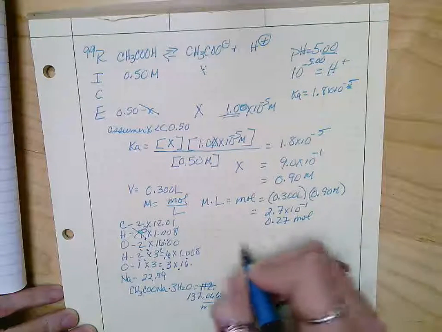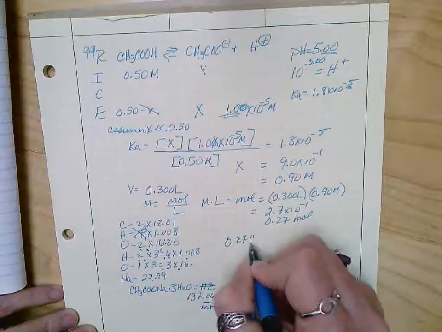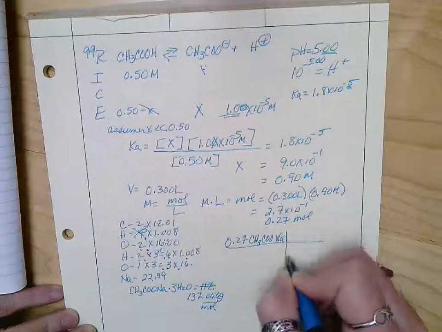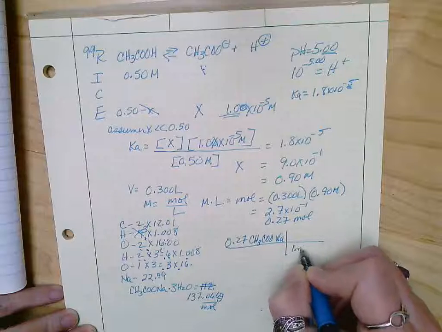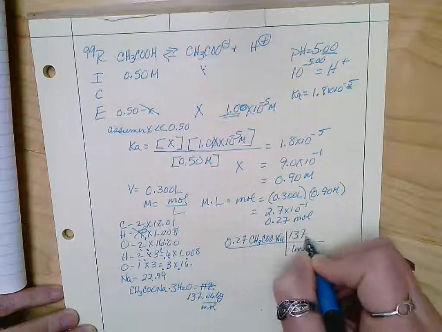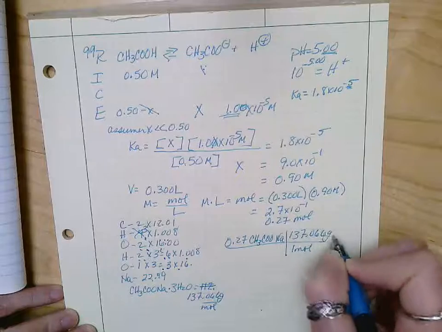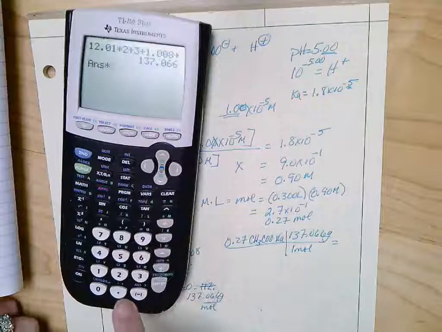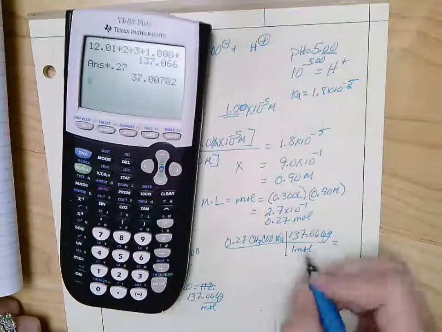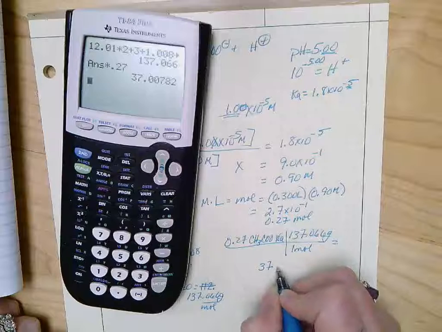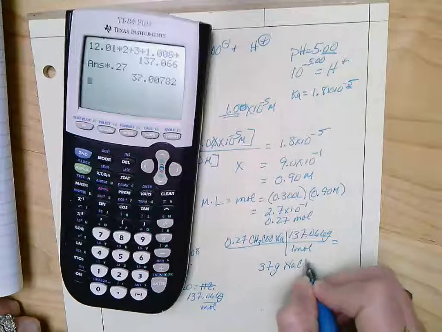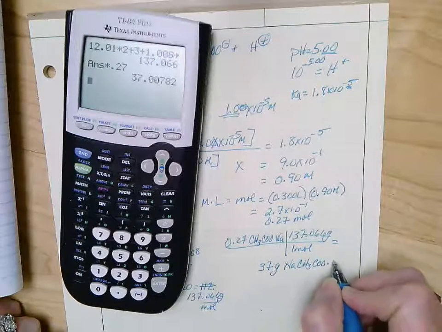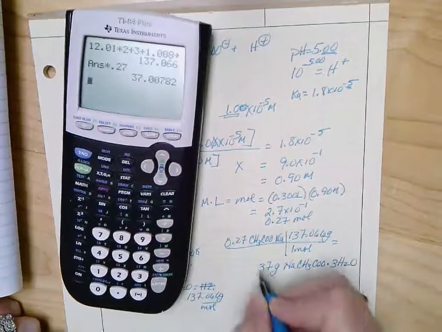So that's how many moles I need. I have 0.27 moles of CH3COONa. For 1 mole, it's 137.066 grams, and so times 0.27 equals, I would have to add 37 grams of NaCH3COO·3H2O.